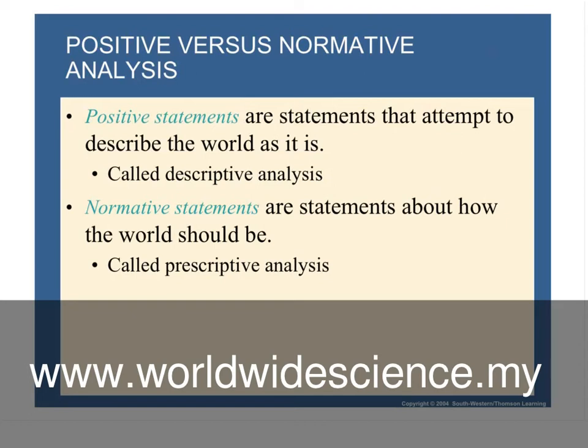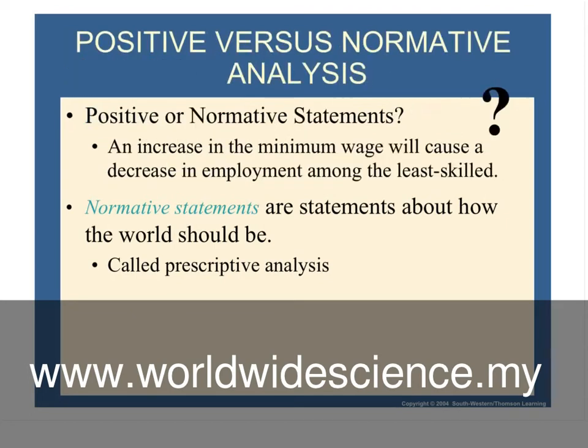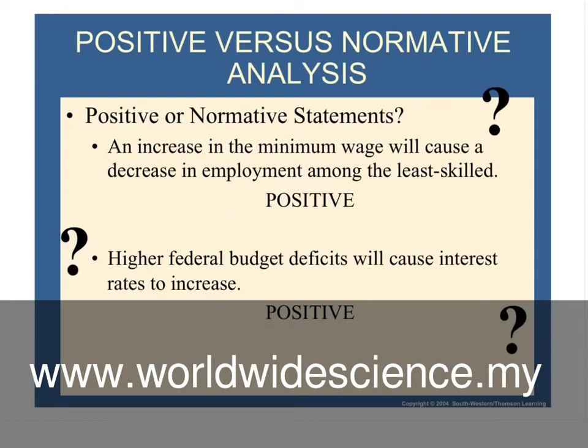Okay, and then state governments should be allowed to recover from tobacco companies the cost of treating smoking-related illnesses among the poor. So these are the way it should be, as you can see, and these are normative.